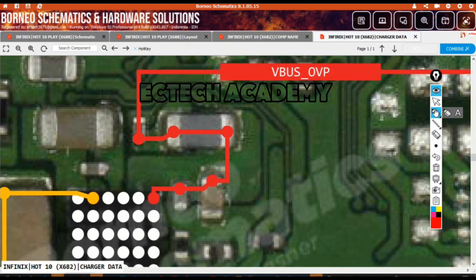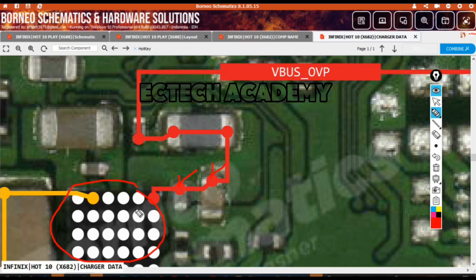I told you in the last class that for fibos, the convenient testing point for the input is the voltage that the charging IC needs to start working. This is the charging IC. You can check your input here, you can check the 5 volts here.